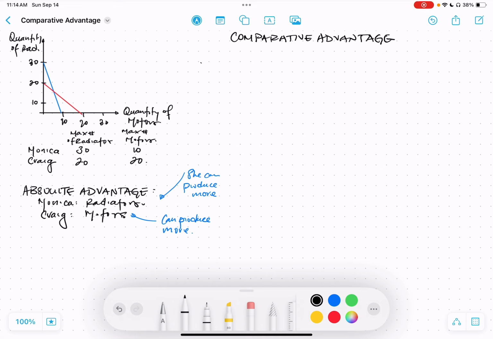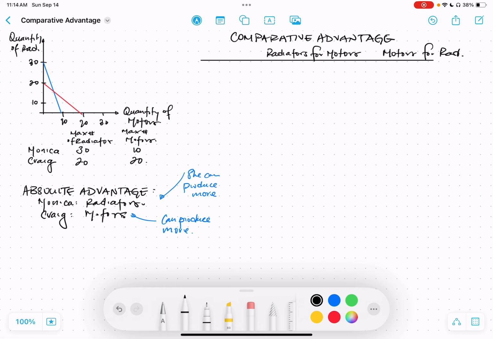So let's make a little table. So we're going to do the cost of radiators for motors and the cost of motors for radiators.